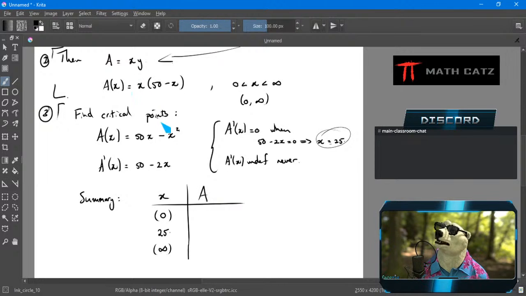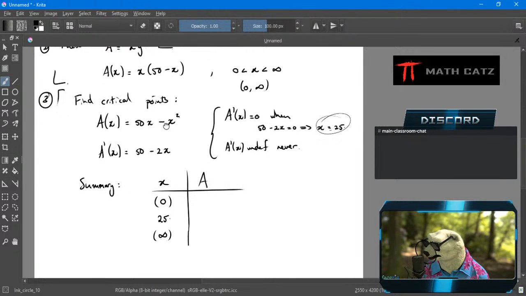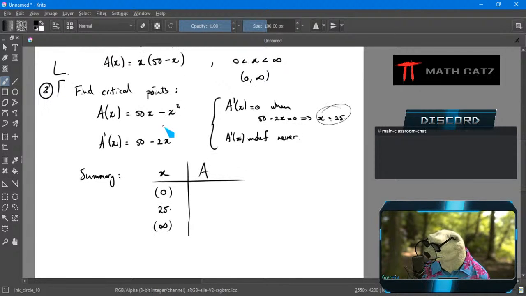So when I look at the top here, and I look at my function in whatever form, the x times 50 minus x is a convenient one. As x gets closer to 0, as I'm getting to the left side of my practical interval, this first factor is going to make the whole thing approach 0 as well.